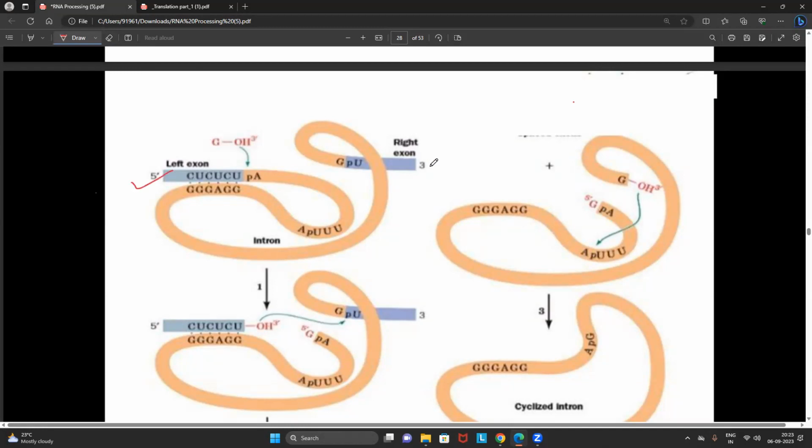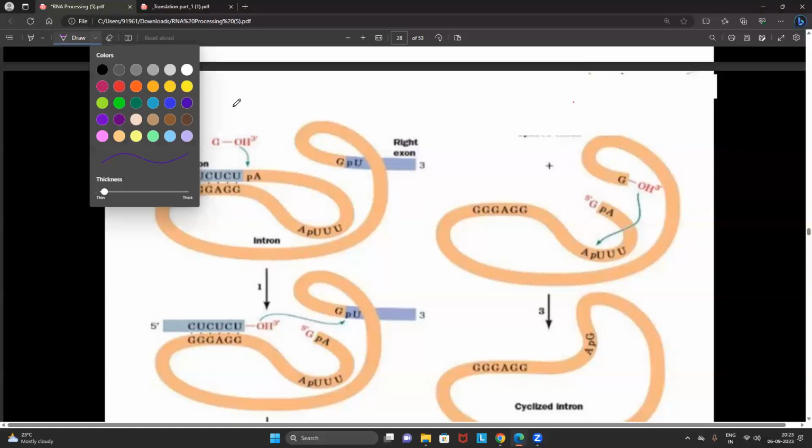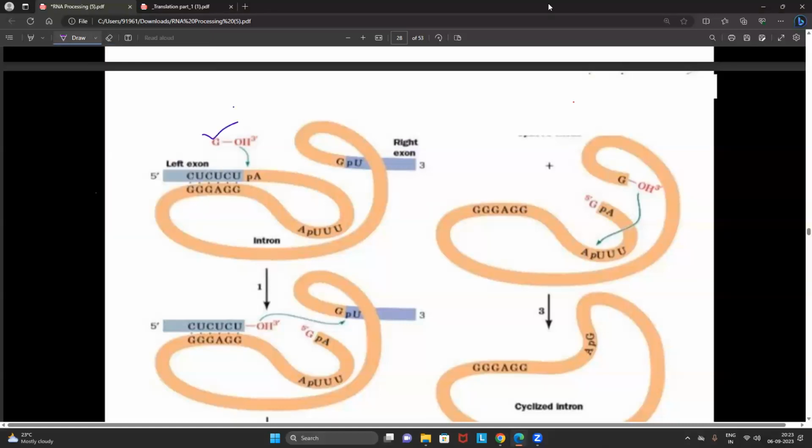This is the 5' exon, this is the 3' exon, and this will be the branch point. What I told you just now is that the branch point does not have the OH group, so it is going to recruit the OH group externally. Now the question is very clear: who is the donor of that particular OH group? Guanine. This is the only point you have to remember. Guanine donates the OH group. The moment guanine donates the OH group, every one of you look into this.